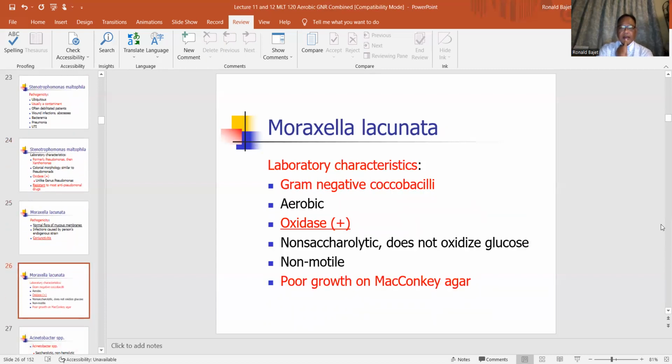Moraxella lacunata is a gram-negative coccobacillus. It is oxidase positive, and it does not grow well on MacConkey. Other than Pseudomonas aeruginosa, which will grow on MacConkey as a non-lactose fermenter, generally a lot of the non-fermentative gram-negative rods do not like to grow on MacConkey.